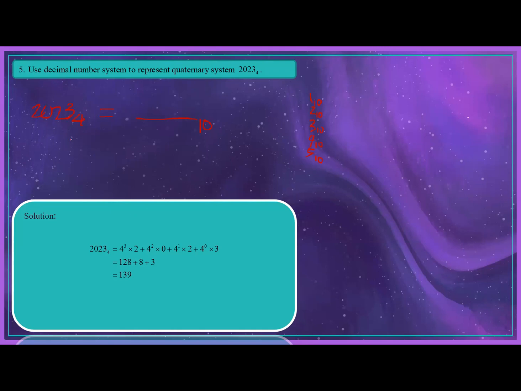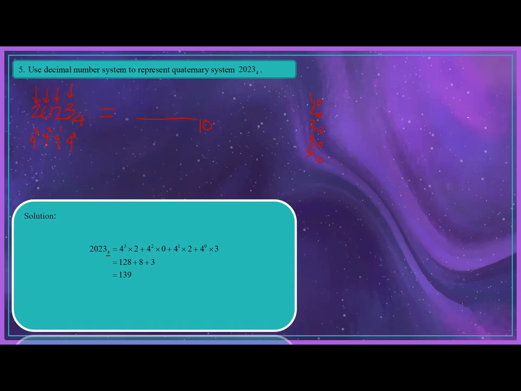Okay, so for that, since we have base 4, basically for this part, this is 4 raised to 0. This one is 4 raised to 1. For this part, this is 4 squared. For this part, this is 4 cubed. Okay.